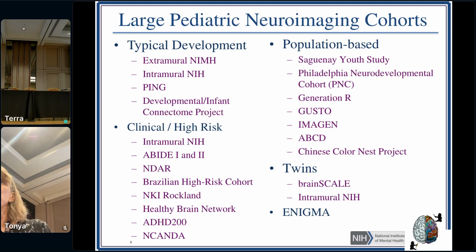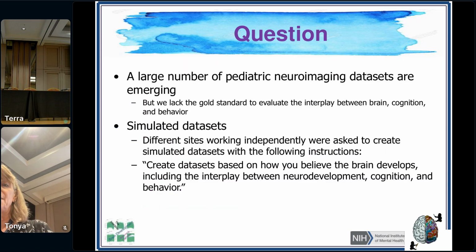There are a number of large pediatric neuroimaging cohorts, and this is a subsample of those that are available. But why create simulated data sets with all these data sets? Well, even though there are these large neuroimaging data sets, we don't have a gold standard.